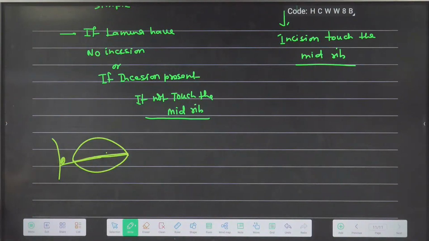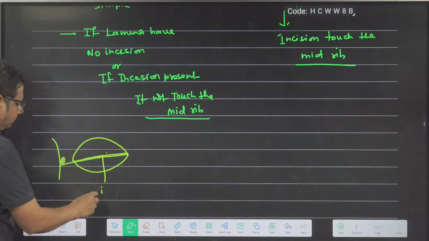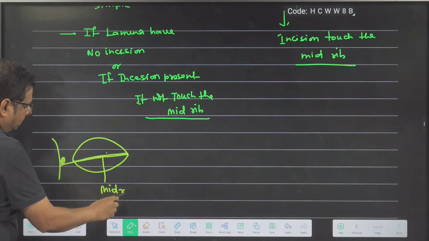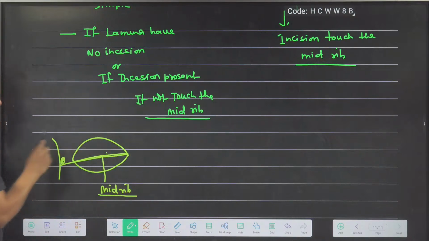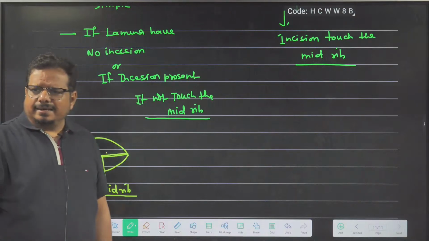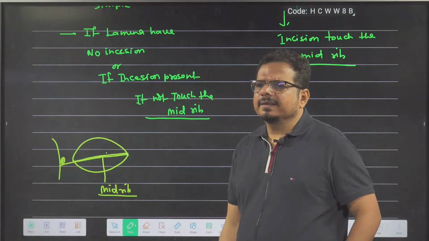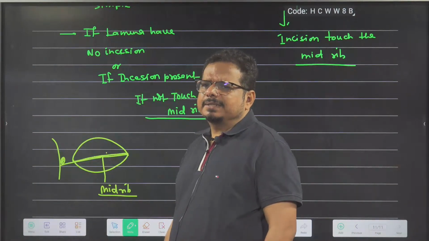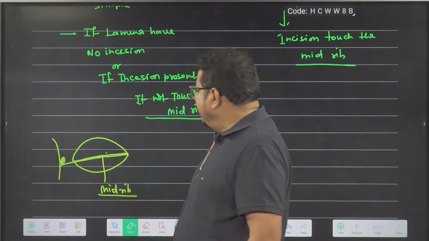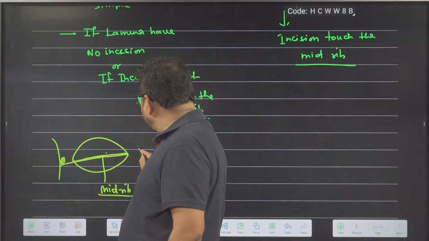Tell me. This is midrib. So is incision there in the leaf? No incision is there. Incision means cut. There is no cut present in the leaf. Are you getting the idea? Hence, it is a simple leaf.